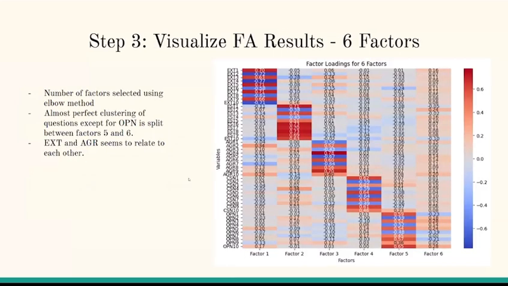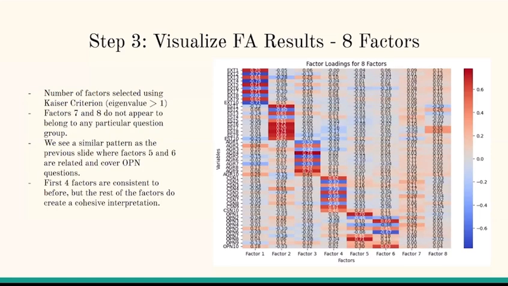And so when we visualize it with 6 factors, which is what we selected for the elbow method, you can see that there's almost perfect clustering except for extrovertedness and agreeableness, which seem to relate to each other, as you can see here. And then also, factors 5 and 6 are split for openness.